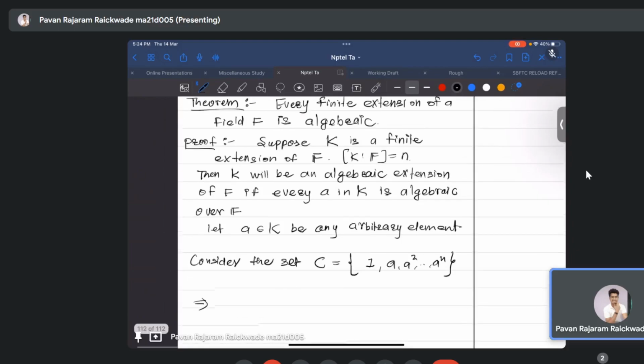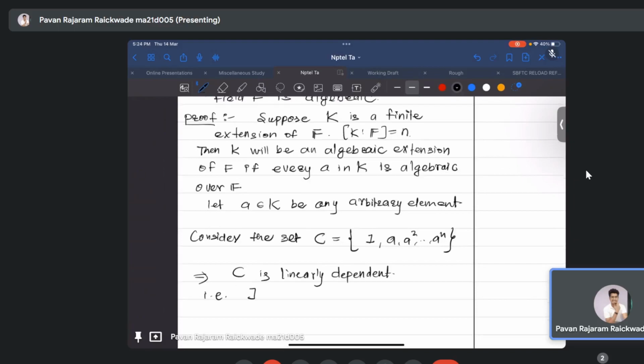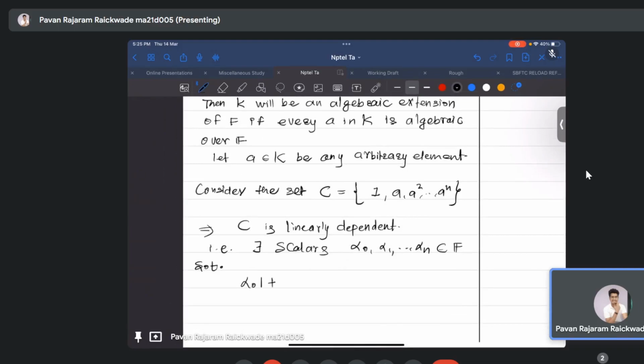So this implies the set is linearly dependent, that is, there exist scalars alpha naught, alpha 1, up to alpha n belonging to the field F such that alpha naught times 1 plus alpha 1 A plus up to alpha n A power n is 0, where not all the alpha i's are 0.